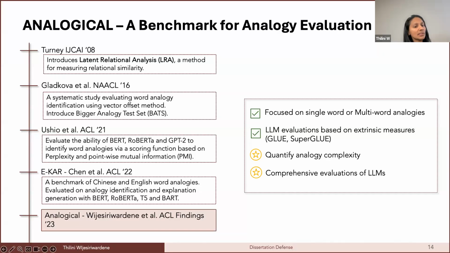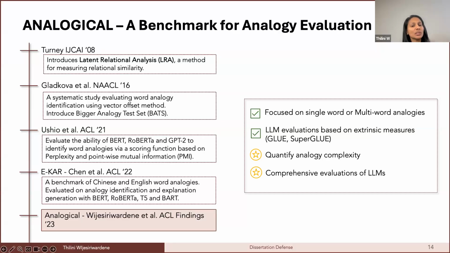So looking at all this research before us, what we saw was there was a focus on single word or multi-word analogies. And also in LLMs, in most cases, they are based on extrinsic measures evaluations like GLUE or SuperGLUE. So in our case, we extend both of these directions.